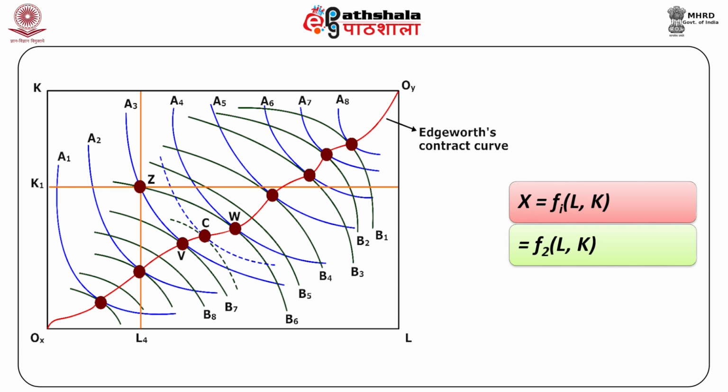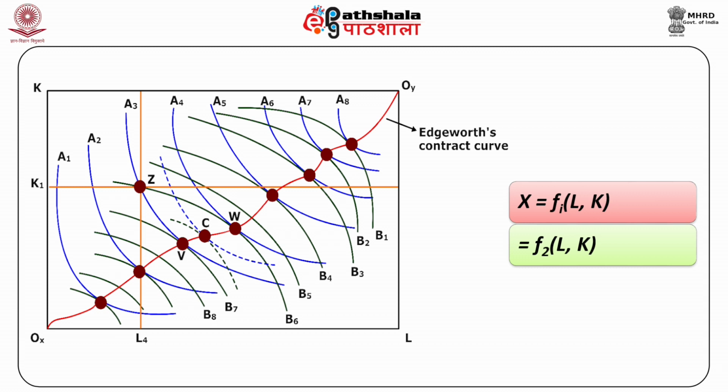Similarly, we can draw a large number of points. Let us consider the dotted lines at point C. This again shows us that in between V and W there could be another set of isoquants, and if these isoquants are tangential at C, then C is also a point of optimization.